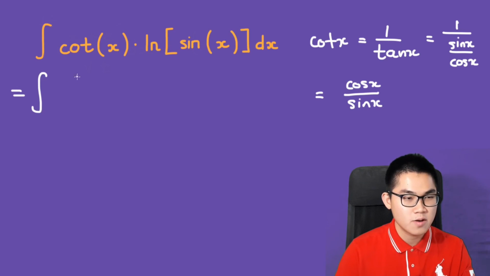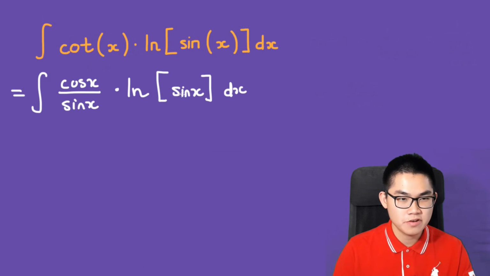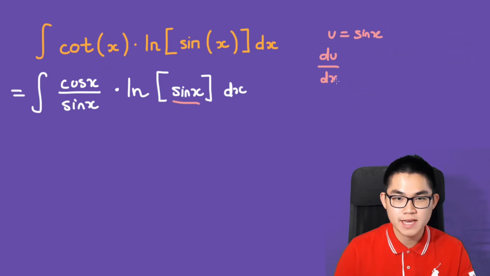We have the integral of cosine of x over sine of x times the ln of sine of x dx. We can also simplify this further by turning the sine of x into a u. So let u equal to sine of x. This means that when we differentiate it, du over dx is going to give us cosine of x.